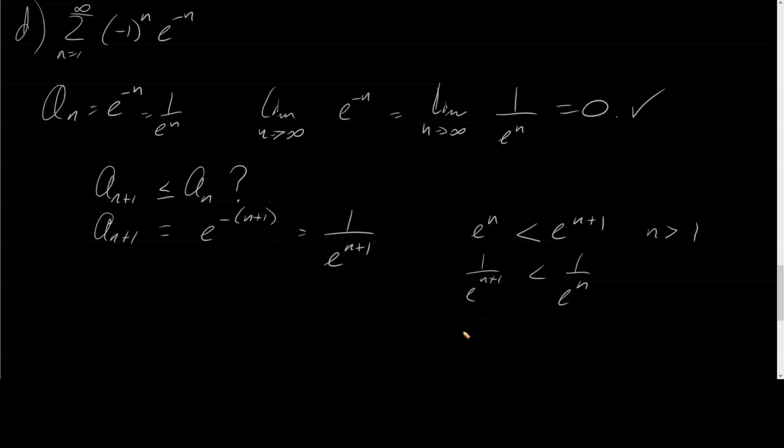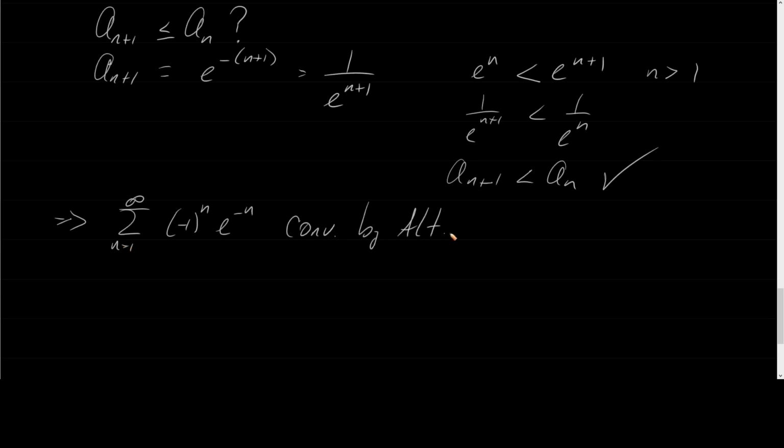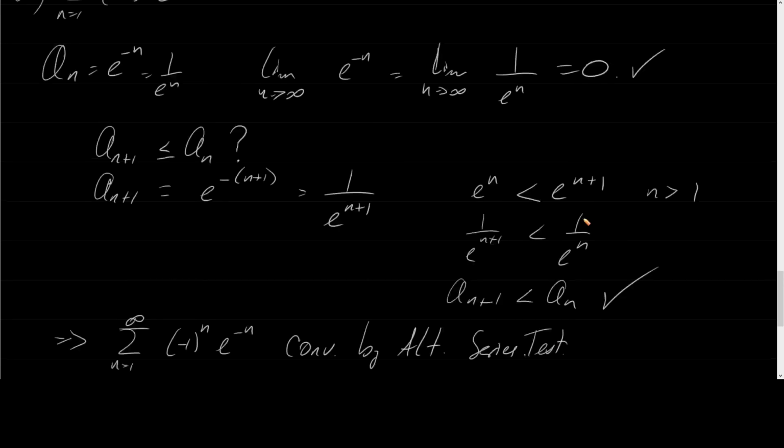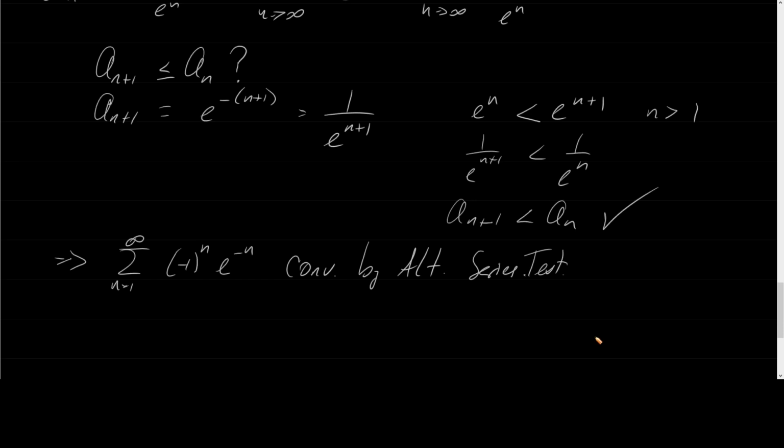This is just saying a sub n+1 is less than a sub n, which is what we wanted. It's a decreasing sequence. So the series of (-1)^n times e^(-n) from 1 to infinity converges by the alternating series test, because it passed both conditions. It did go to 0 and it was decreasing.